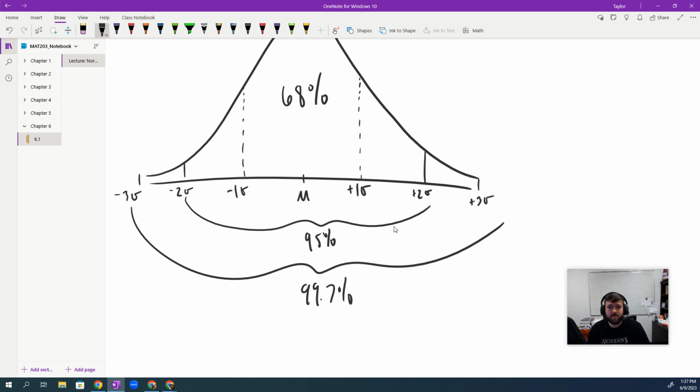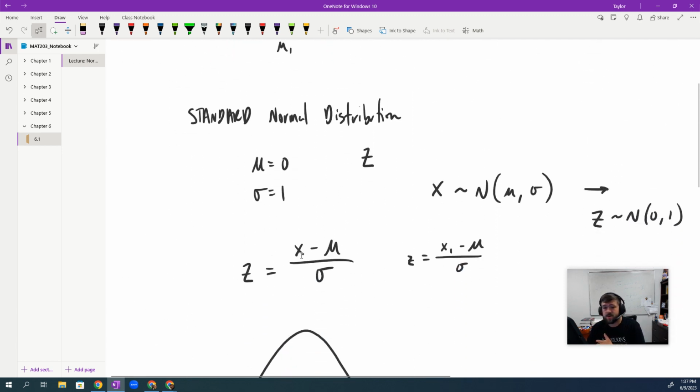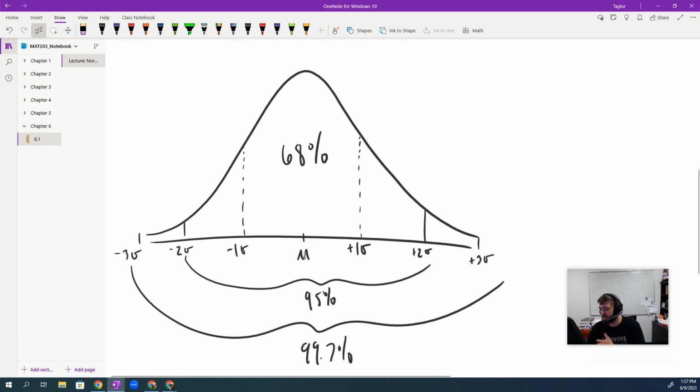Remember, that's not always going to be true for some random distribution, right? This is only true for our normal distribution. Not just the standard, not just the one where mu is 0 and sigma is 1. Any normal distribution. Mu could be anything, sigma can be anything. But if it's this shape, if it's the normal distribution, it will follow the empirical rule.